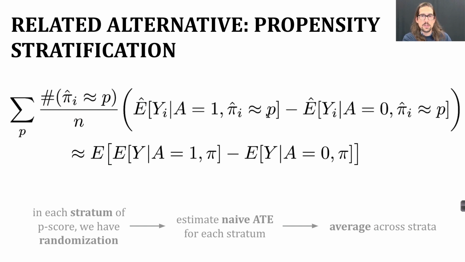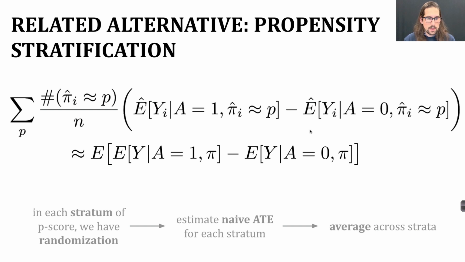So just take a difference in means, because within that stratum, it's a randomized trial. Then we go and find all the people who have propensity score equal to around 0.9, or maybe say 0.9 to 1. So you chunk it into quantiles of some kind. So deciles is common, or quintiles people do. And then within each of those chunks, you basically use the naive estimate.